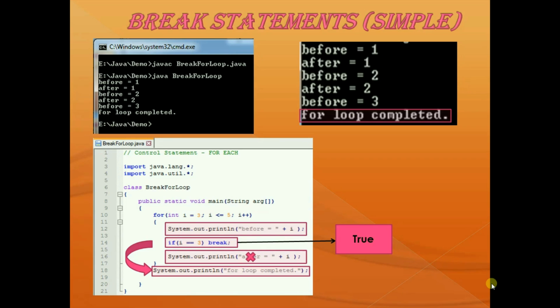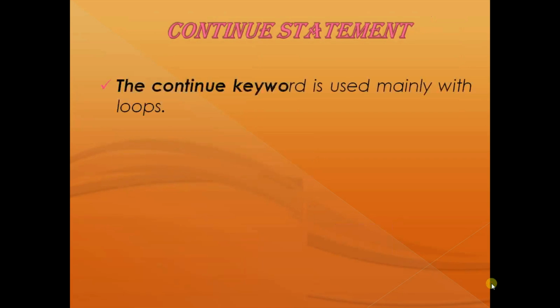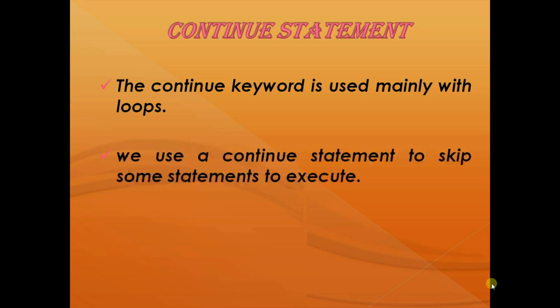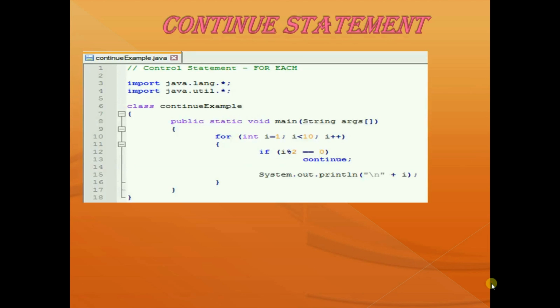Now we'll talk about continue statements. The continue keyword is used mainly with loops when we do not want to execute some statements, then we use our continue statement to skip those statements. So this program shows the use of continue statement.